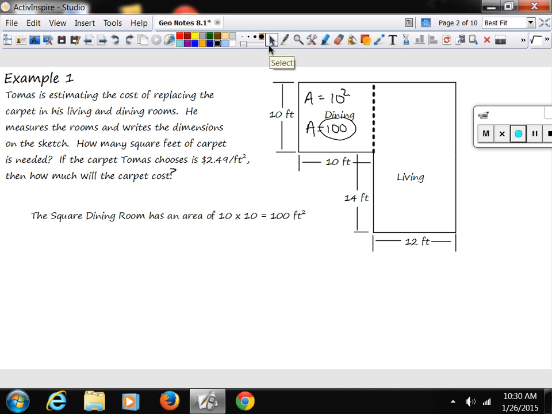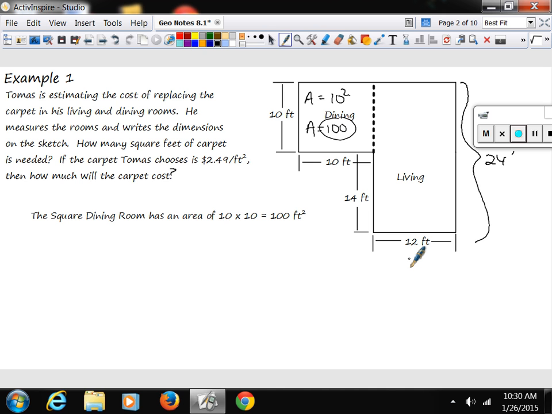The living room. Anybody have any idea what this length is over here? 24, because you got 14 here, and then you got 10 right here. So we've got 24 feet there.